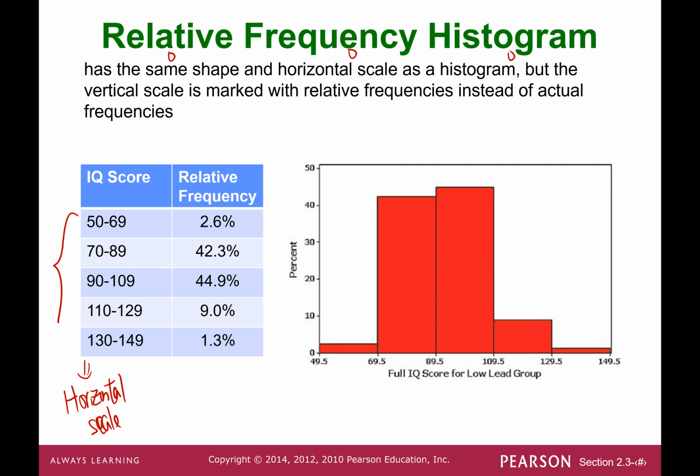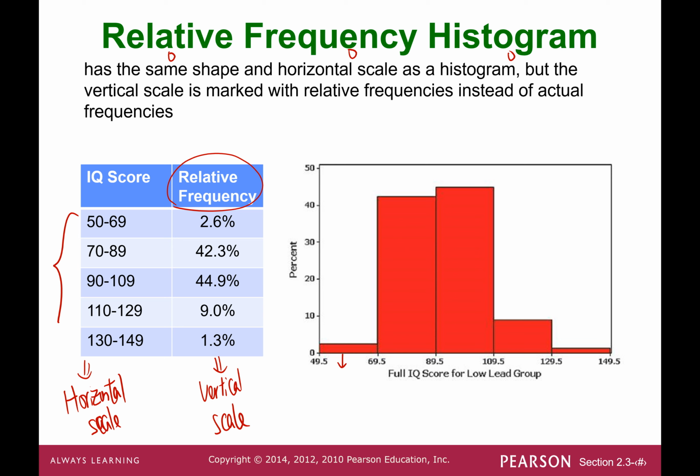And on the vertical scale, it should be the relative frequency in terms of percentage. We just basically divide each individual class frequency by the total frequency to get a corresponding percentage. Then we just label that.